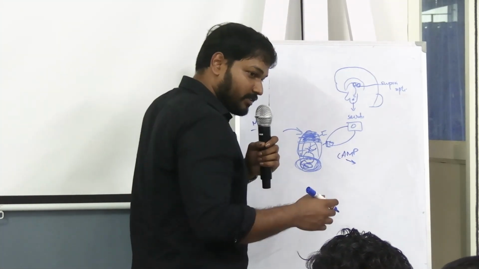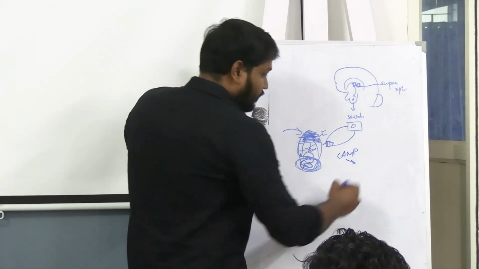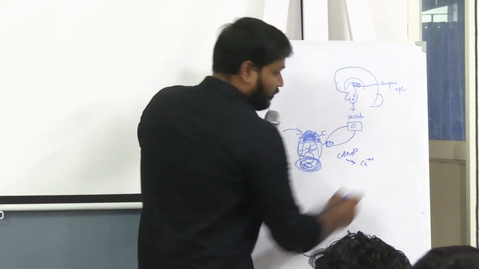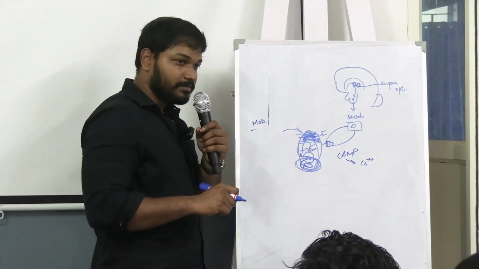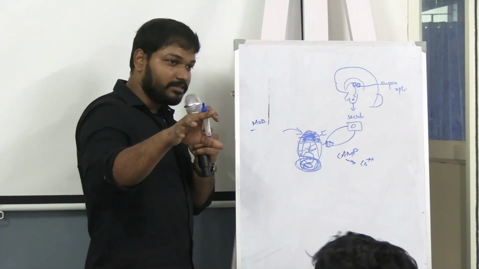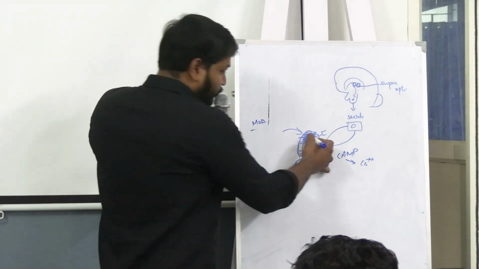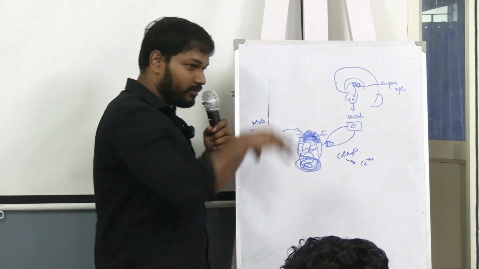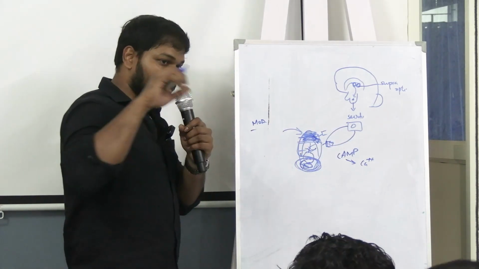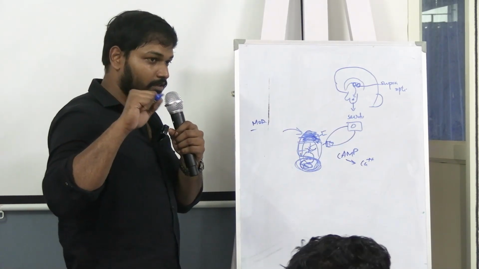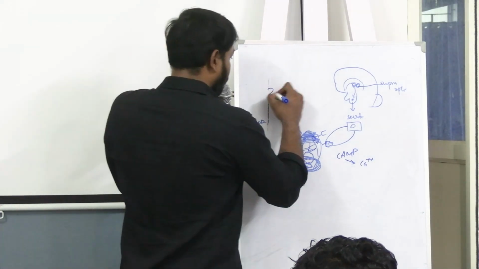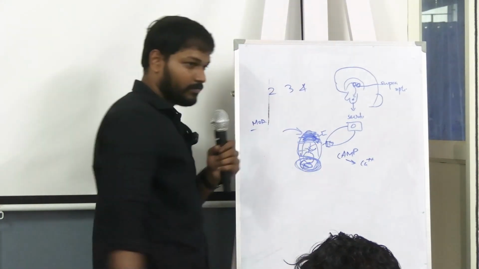There is phosphorylation, then there is release of calcium ions from the endoplasmic reticulum. Whenever there is release of calcium ions, there will be smooth muscle contraction. So the smooth muscle will contract, and that is causing the contraction of the uterus.